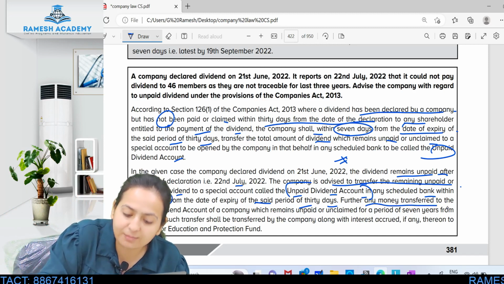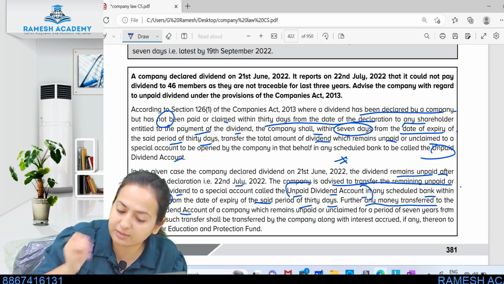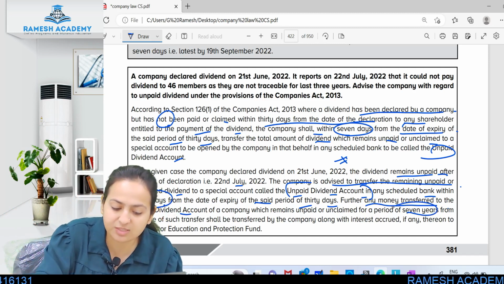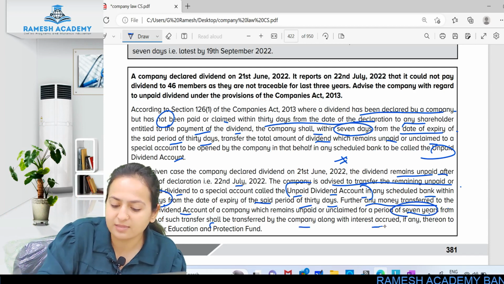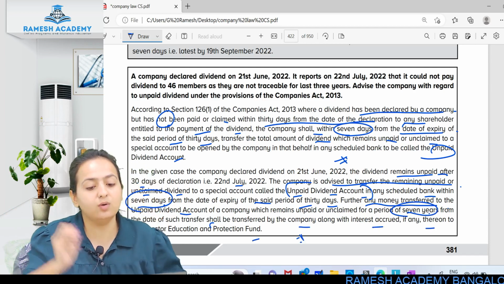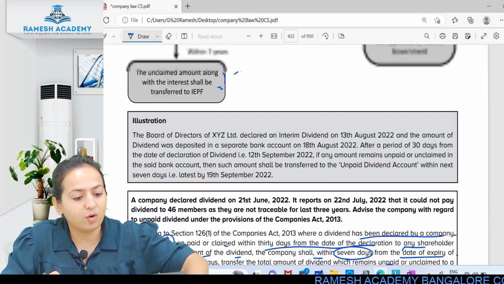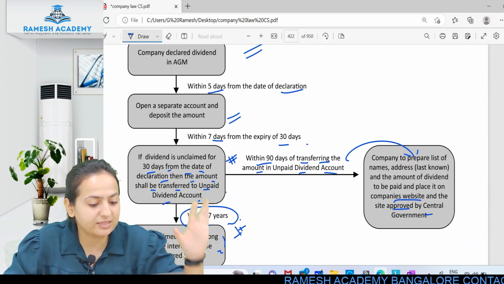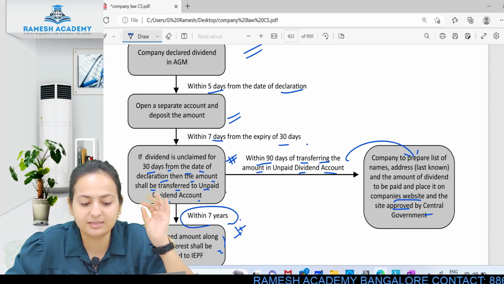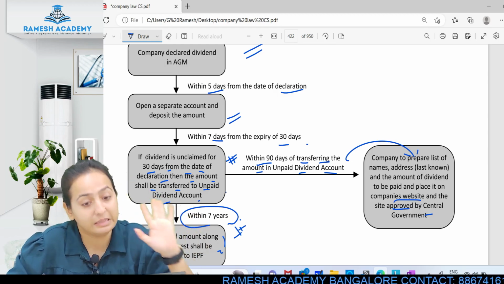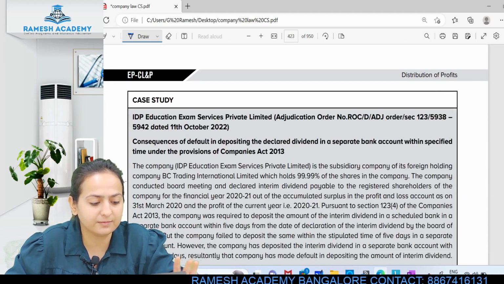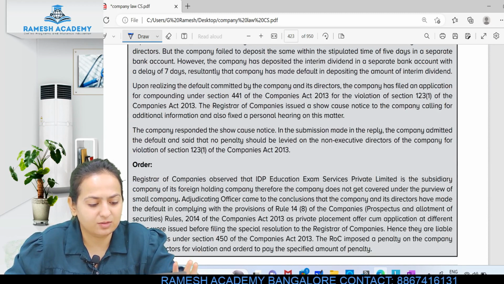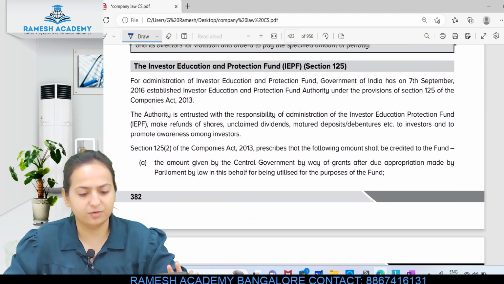Further, any amount transferred to the unpaid dividend account which remains unpaid or unclaimed for 7 years from the date of transfer will, along with the interest, be transferred to IEPF. So, what is to remember is simple: 5 days, 7 days, 30 days, 90 days, 7 years. Next comes the case study, you can just read it for your information.